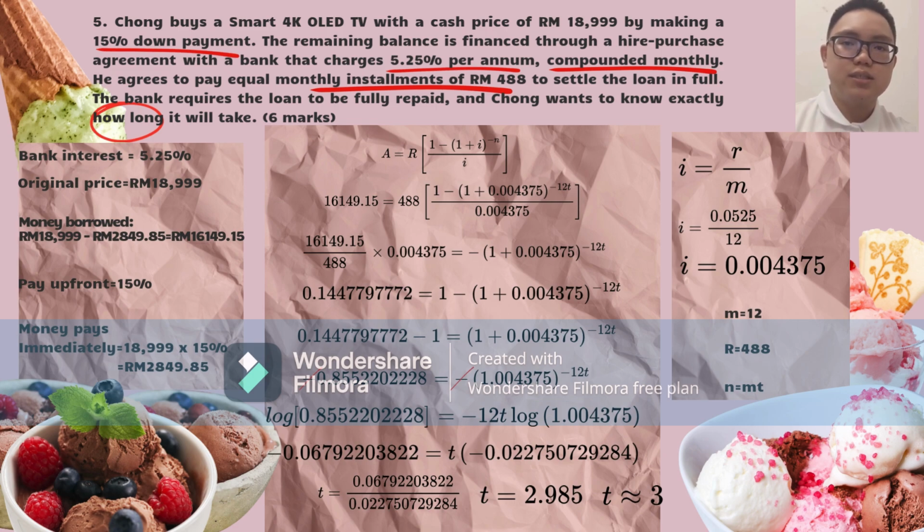This will give us 0.855 to 20222.8 equals 1.004375 to the power of negative 12t. Then we apply log on both sides to bring the exponent down, and only then can we solve for t. And t is equal to 2.985. So we round it off, which would be 3.